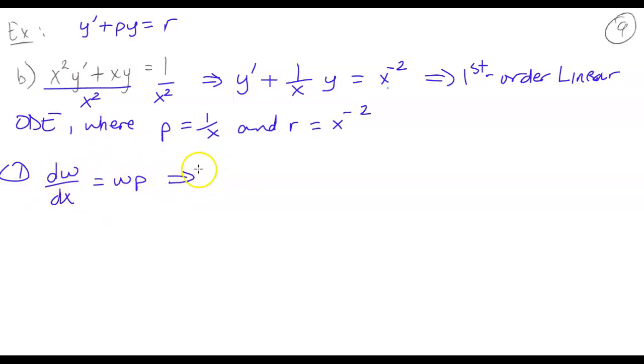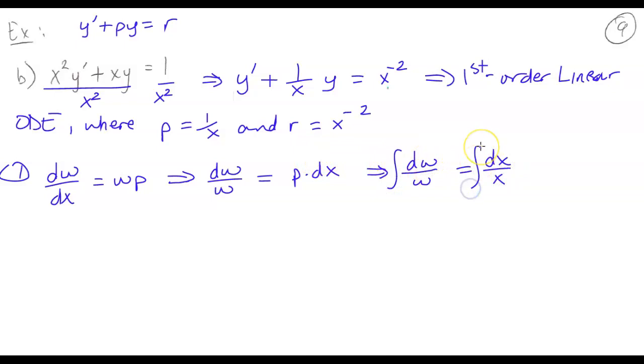So I'm going to first rearrange this equation here so that it looks separable. Okay. And so once we're at this point, I can go ahead and put in my 1 over x here. So this will be dw over w equals dx over x.